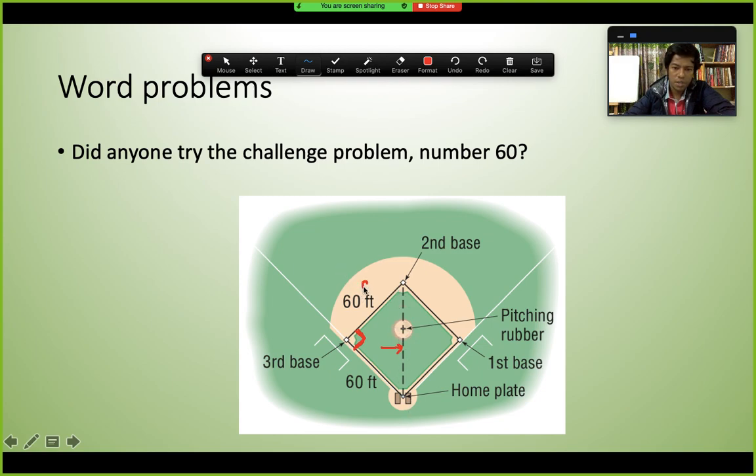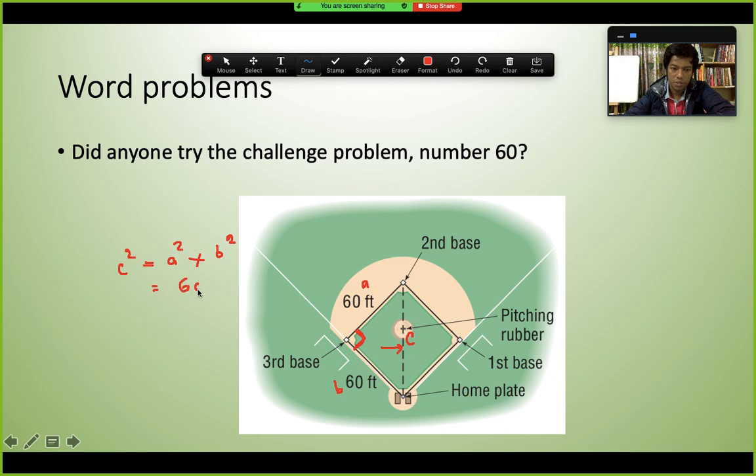Now if we consider this as A, this as B, and this as C, then based on our Pythagorean theorem, we know that C squared equals A squared plus B squared. The values of A and B are given, both 60.